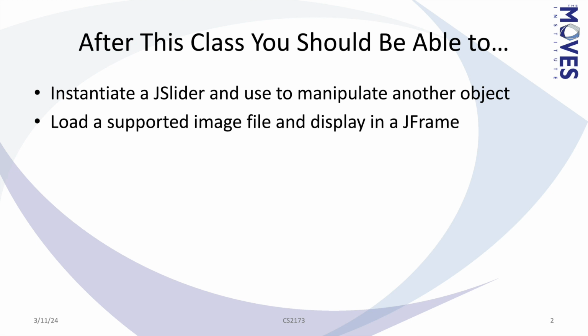Whenever the user manipulates something and it's changed, an action event gets fired. Again, it would be nice if the slider also fired an action event. There's no reason it doesn't.